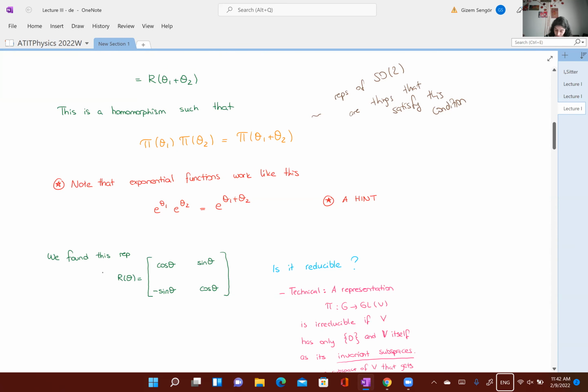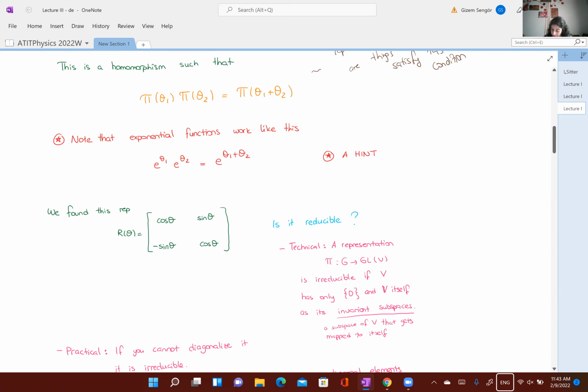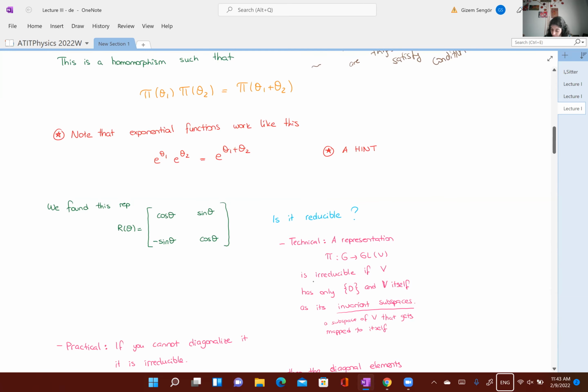Now we found this rep in terms of this 2 by 2 matrix. A concept is whether it's reducible. I mean, is this the most fundamental elementary way to represent a rotation, this 2 by 2 matrix? Now, technically, a representation is irreducible if it has no non-trivial invariant subspaces.